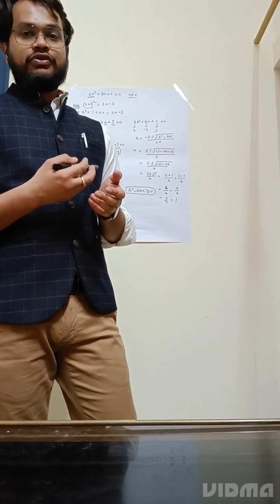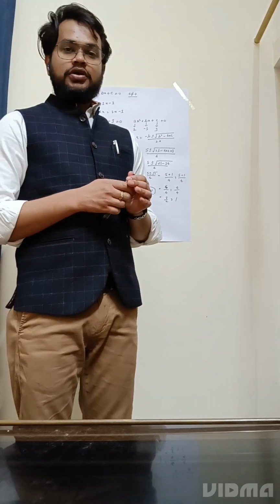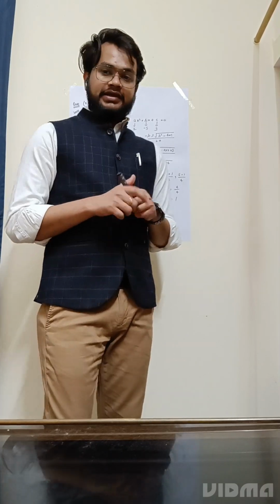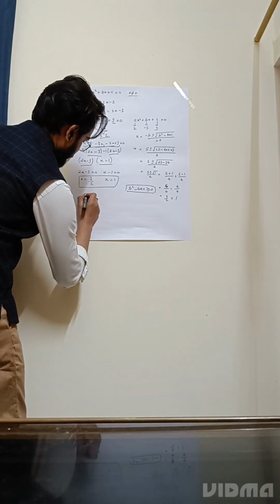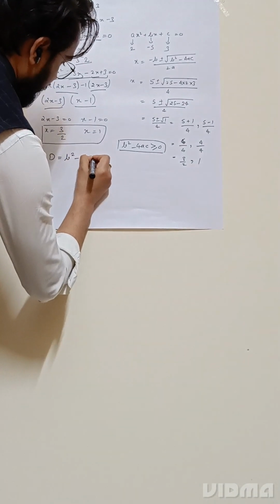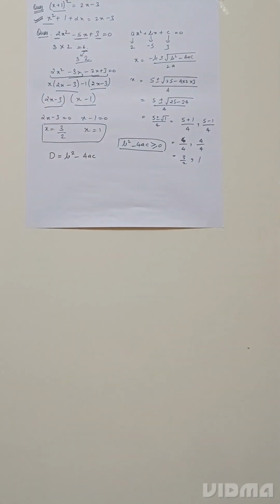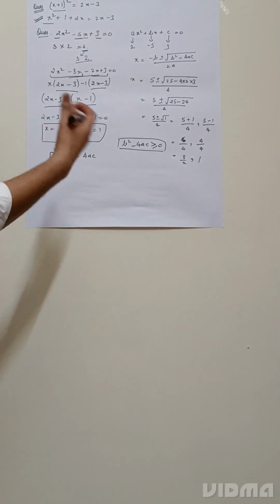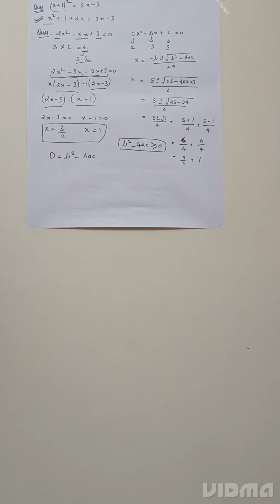So how do we know what kind of roots an equation has? We have to find the discriminant. Discriminant D is equal to b square minus 4ac. Since this term b square minus 4ac tells the nature of roots, it is known as the discriminant.